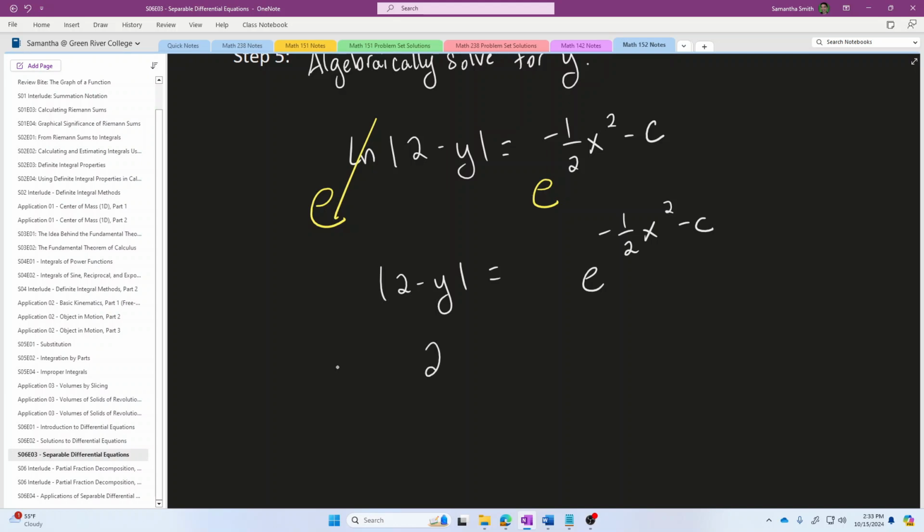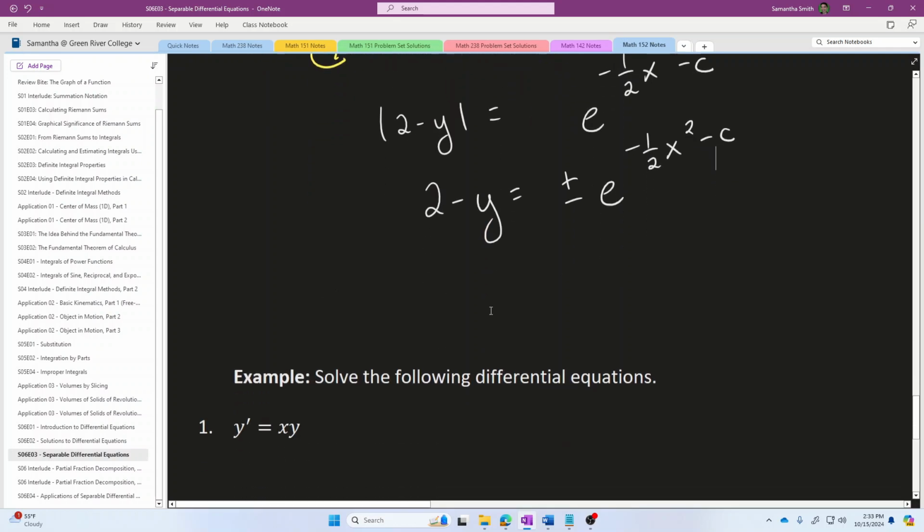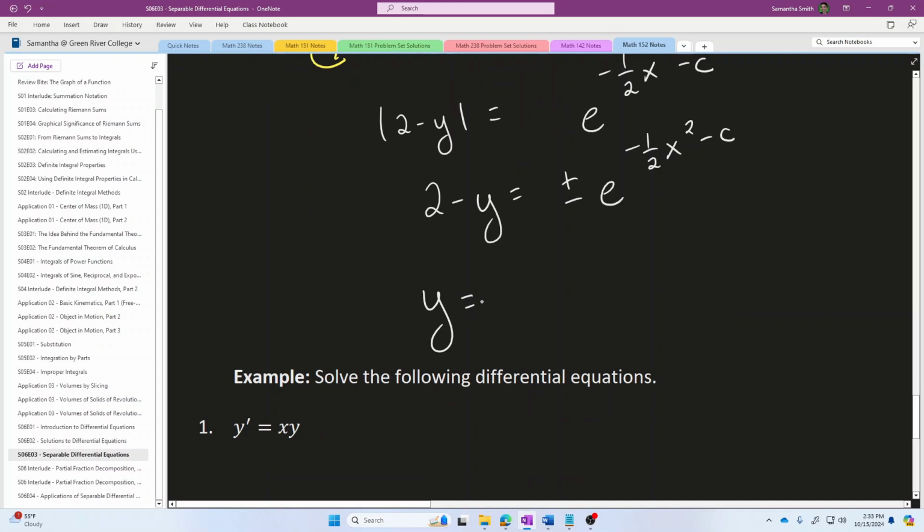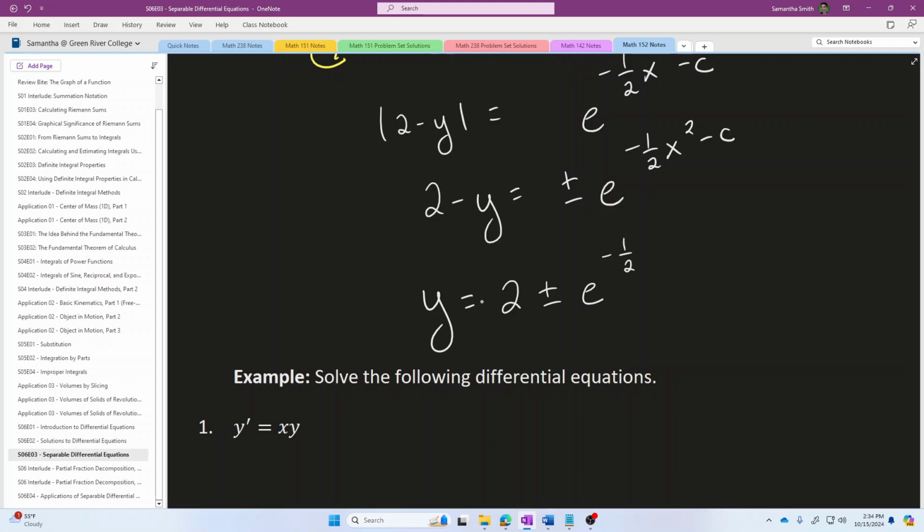I can apply a plus minus to get rid of the absolute value. And then all that's left for me to do is just rearrange some terms to solve for y. So I get 2 either added or subtracting an exponential to the power negative 1/2 x squared minus c.